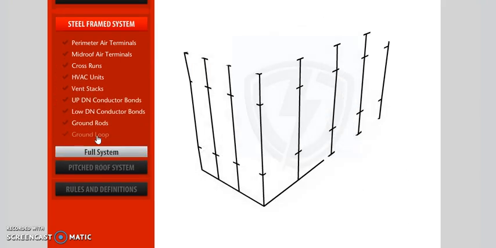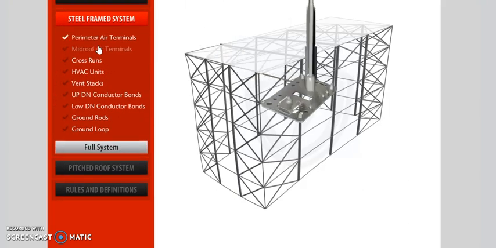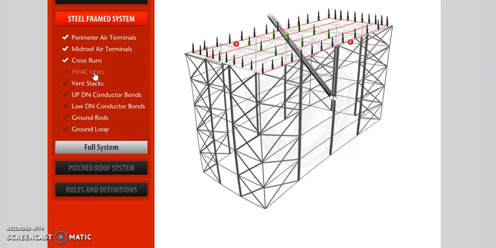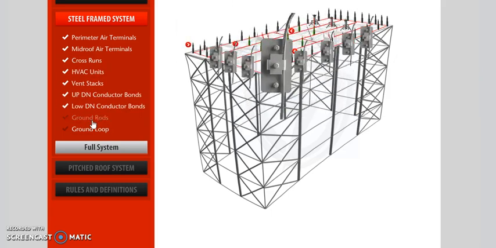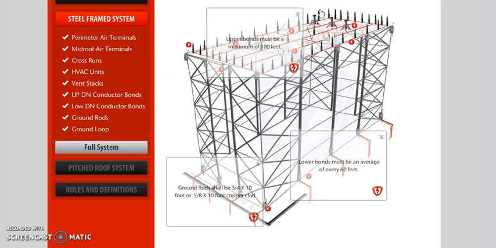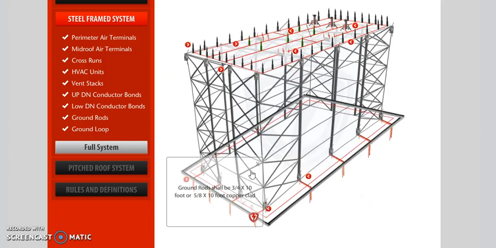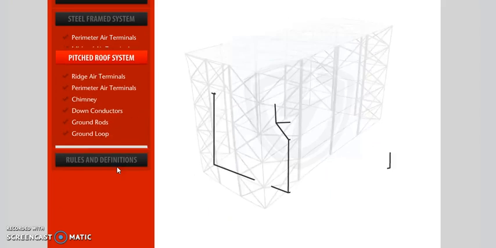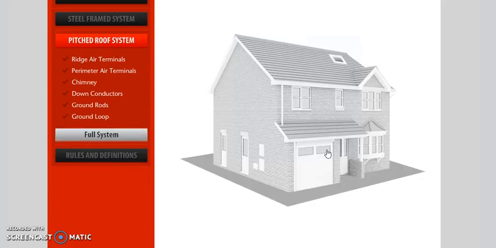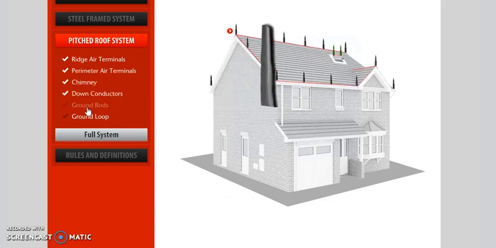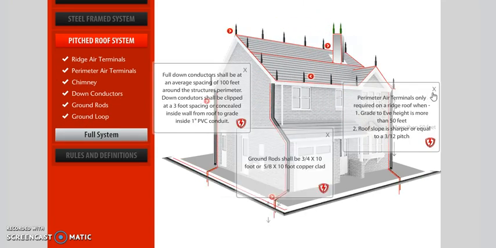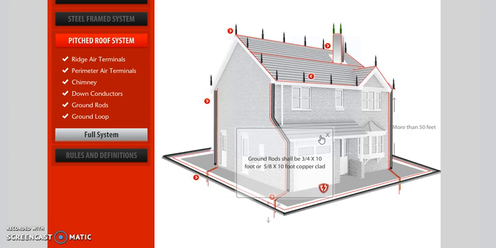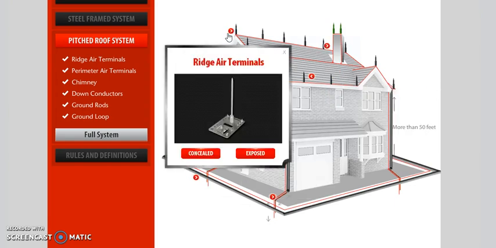All right, so moving on to steel. Same idea, it works the exact same way here, just with a couple of different pieces and parts. You can kind of see how that works there. And the pitch roof system. What's different about this, or the piece that I like the best on this one, is the ridge air terminals. Check those out.